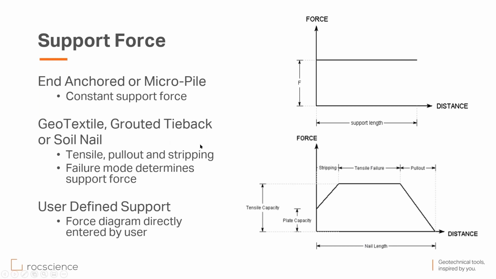But for grouted tieback or soil nail, we may have stripping as well. Stripping is the type of failure where the slope fails, but the support stays embedded in the slope. For the user-defined support, the force diagram is directly defined by the user, which I'm going to explain later.